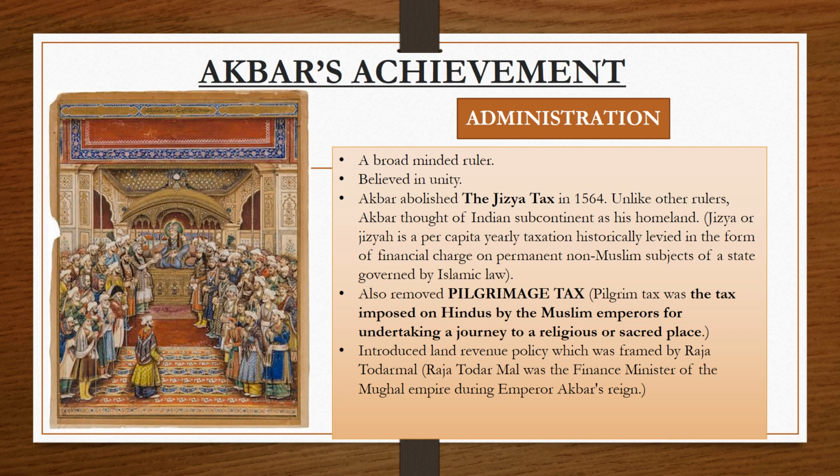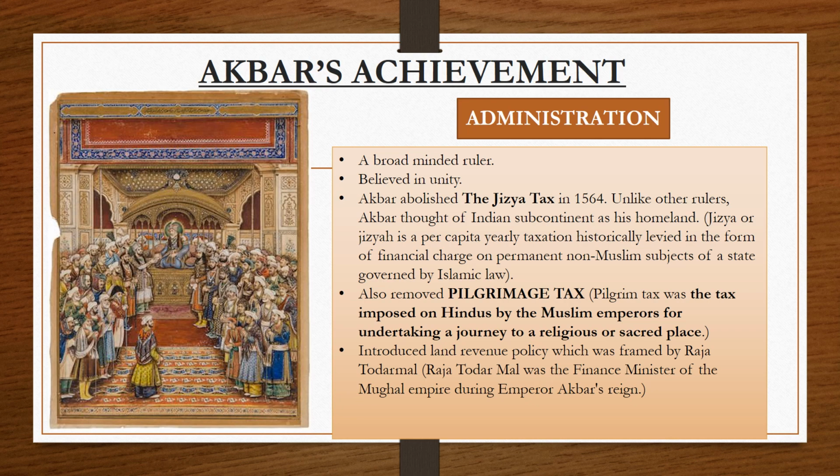When they didn't do it, the rulers started this policy named jizya tax, and started charging money particularly from those people who didn't convert to Islam. It was started by Ahmad Shah actually. So Akbar abolished the jizya tax, not like other rulers.